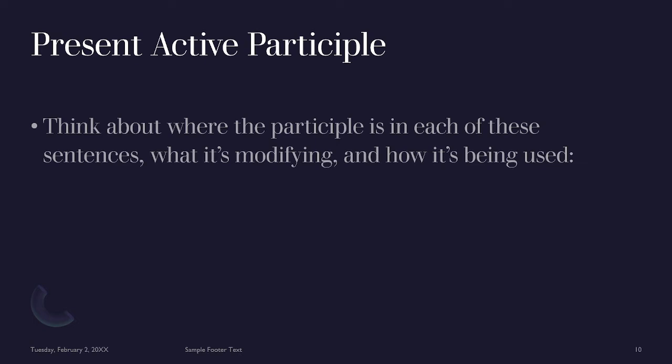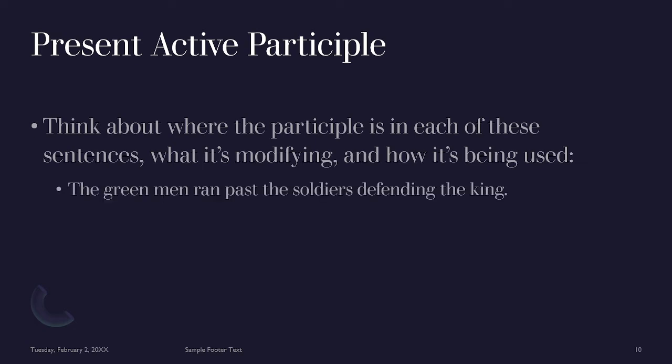All right, so next up, we want to see how the participle is being used in each of these sentences. What's it modifying? And how is it being used? Is it being used as a verbal adjective, a regular adjective, a substantive? You name it. So: the green men ran past the soldiers defending the king. Okay, so we look at the sentence: the green men, subject, ran, that's the main action, past the soldiers defending the king.